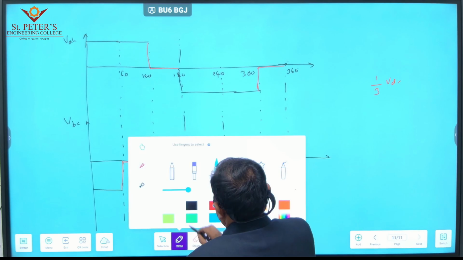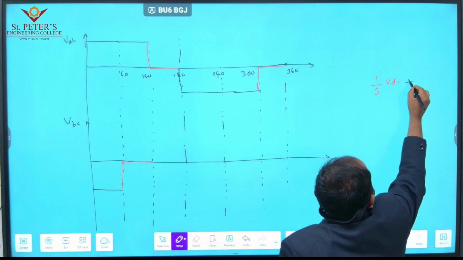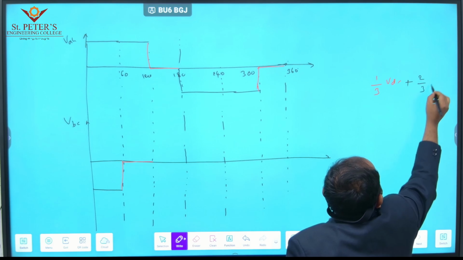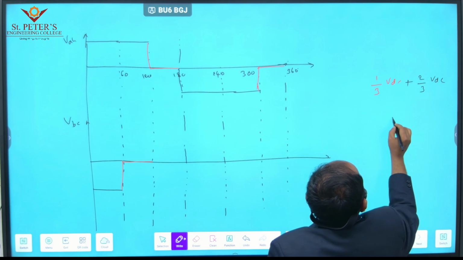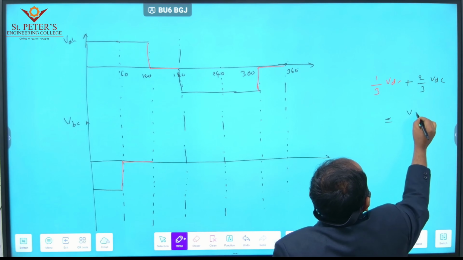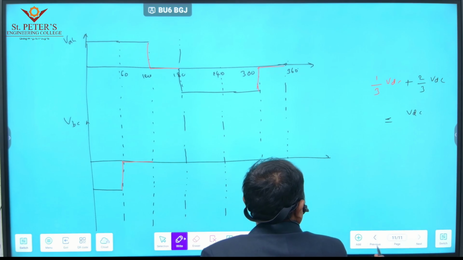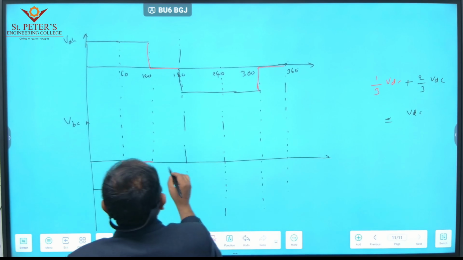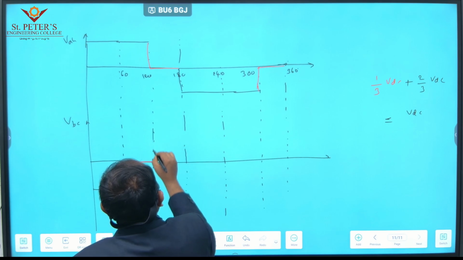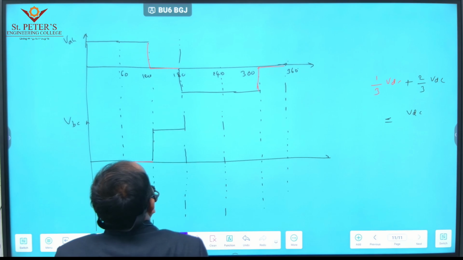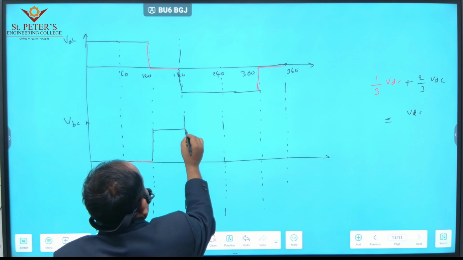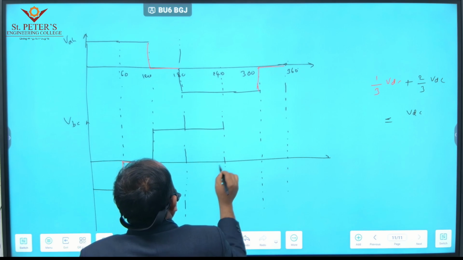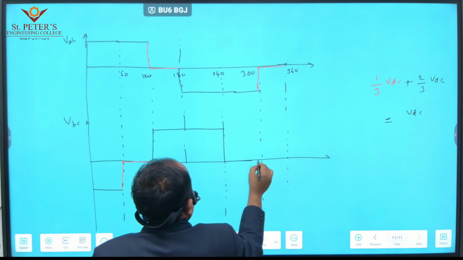So minus of minus is plus 2 by 3 VDC. So that's why we can get VDC. So for the next period we can get VDC, and likewise for the next period also we get this one, and the next one 0.